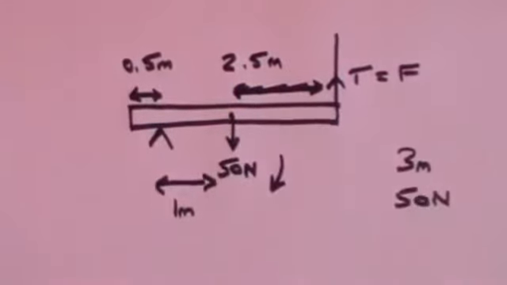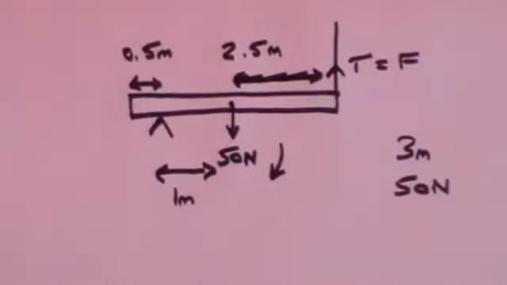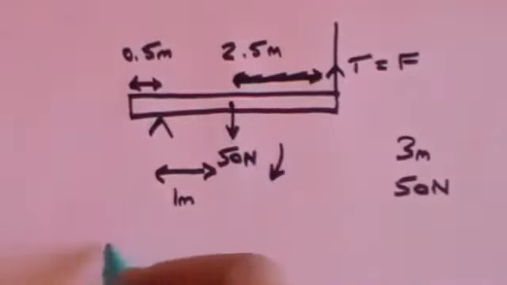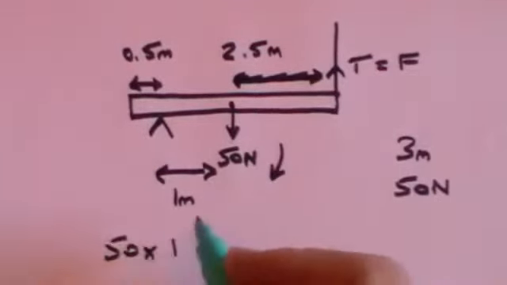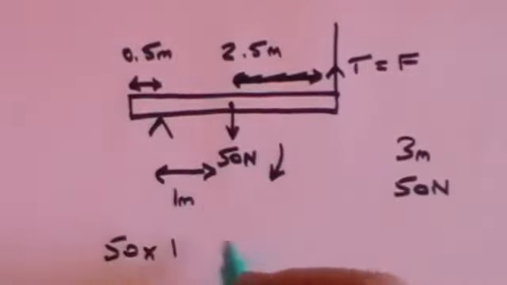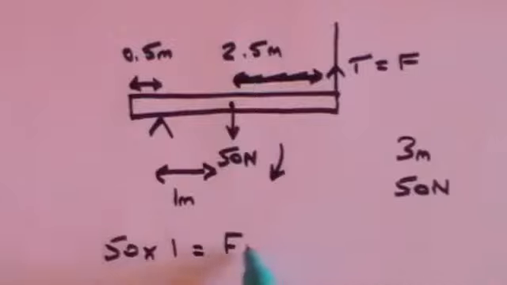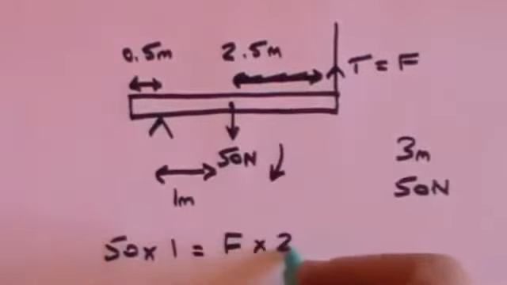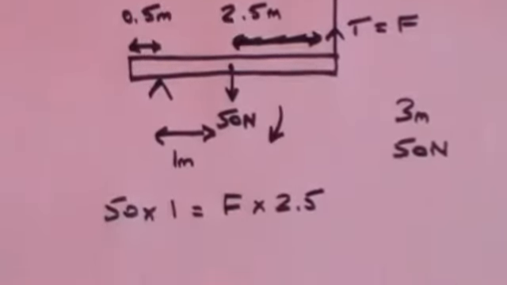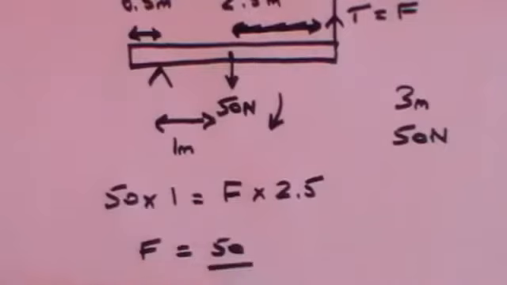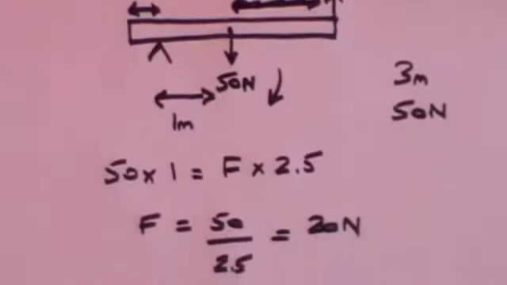And so for equilibrium, the moments on each side must be the same. The moment acting down is force times distance. That's 50 newtons times 1 meter, and that's got to equal the force in the cable acting up times 2.5 meters, which means that the force is going to be equal to 50 divided by 2.5, and that's 20 newtons.